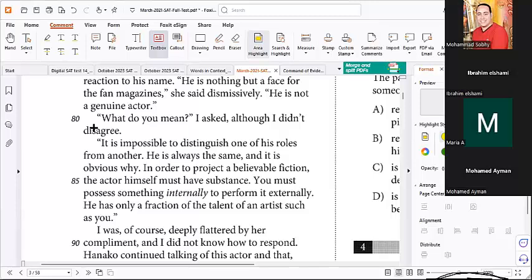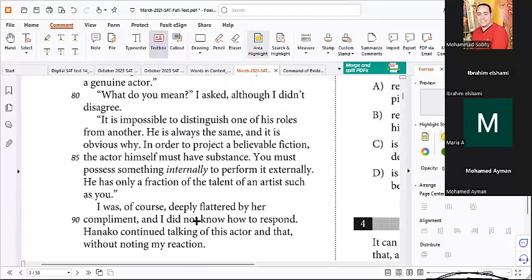I was, of course, deeply flattered by her compliment, and I did not know how to respond. Hanako continued talking of this actor without noting my reaction.